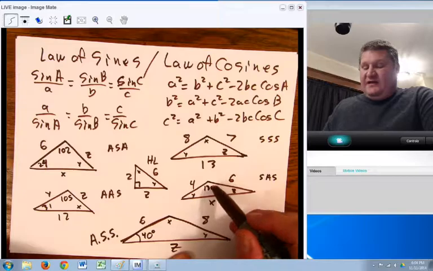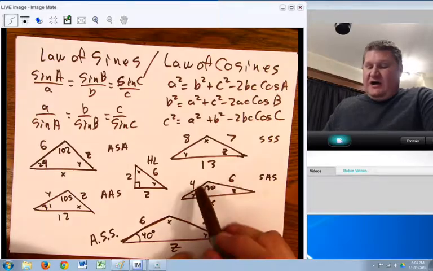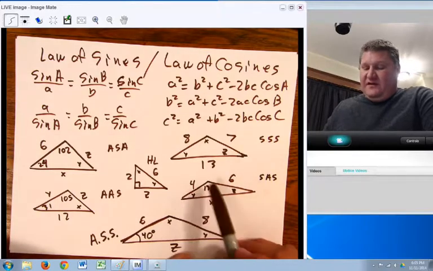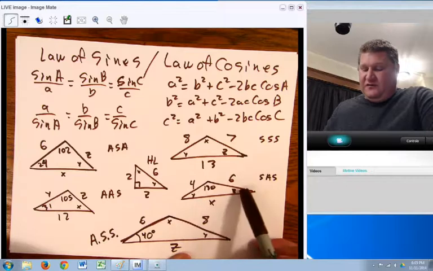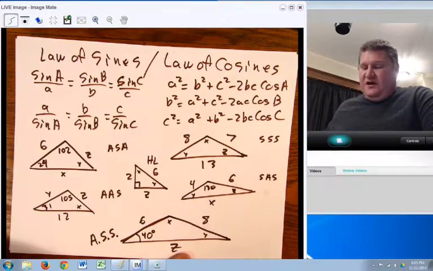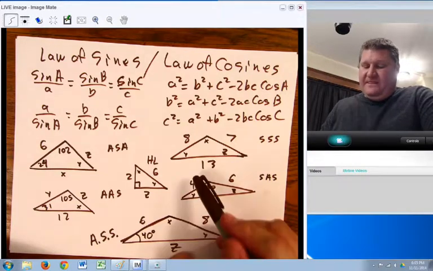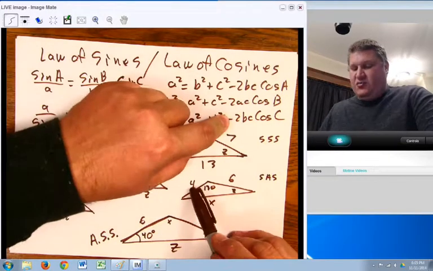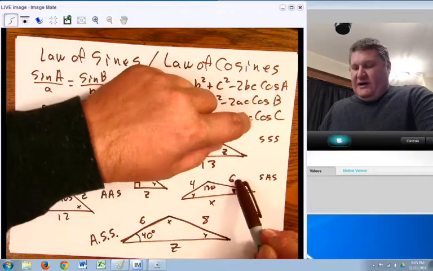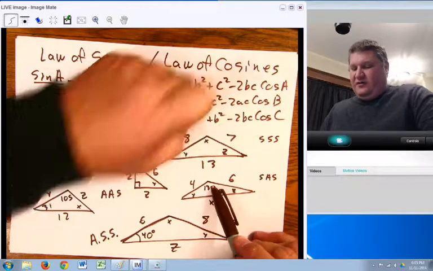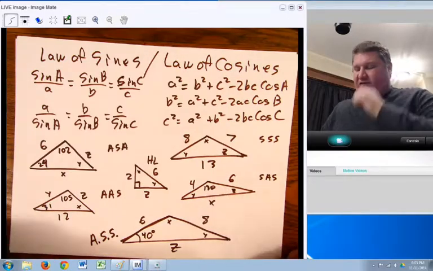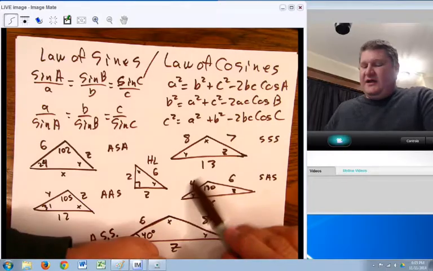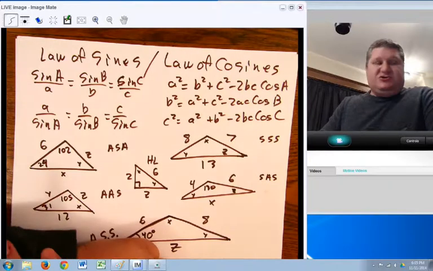In this case, for example, if this were side X and this would be side Z, this would be side Y, I would say Z squared plus Y squared minus 2ZY cosine of the angle in the middle, which would be X. And then I could plug all that in, and it would spit me out the answer.